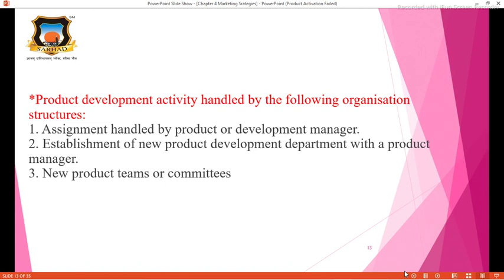This new post should be given the necessary authority so that the work can be effectively carried out. This new product manager can either head an existing group of people or a totally new department can be created to carry out this work.